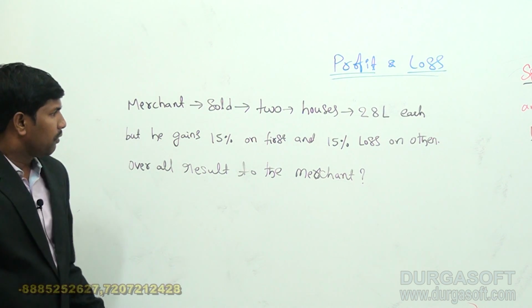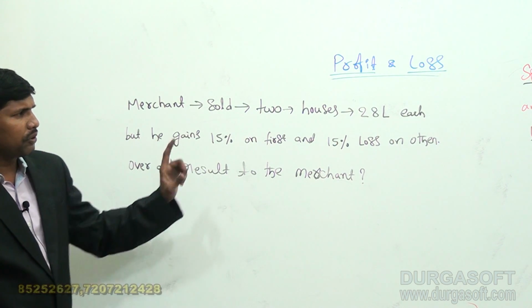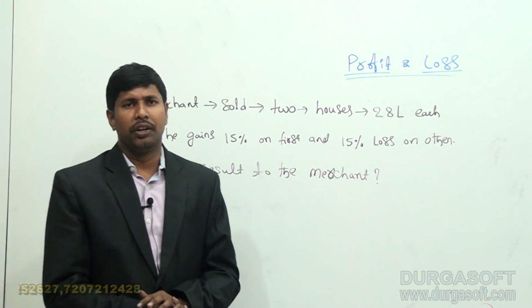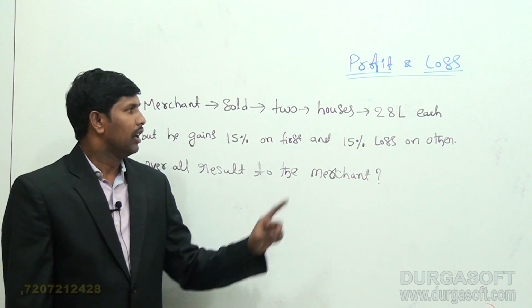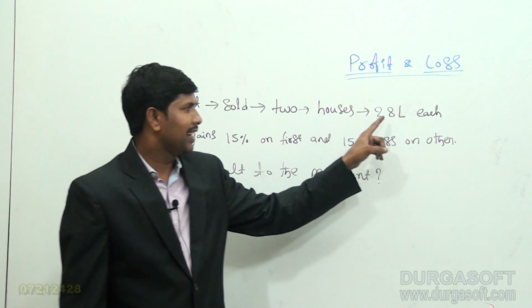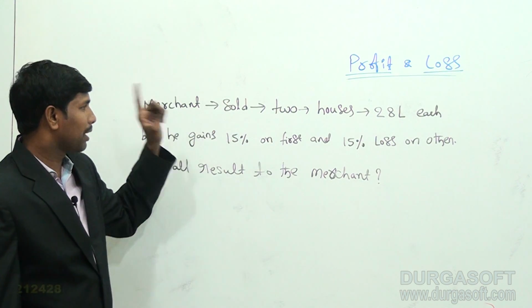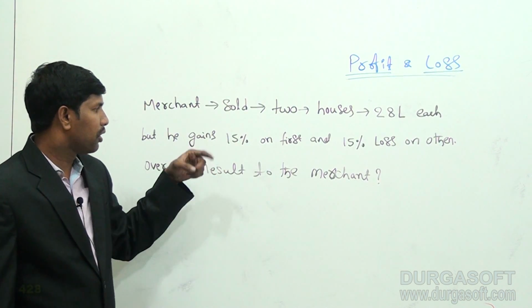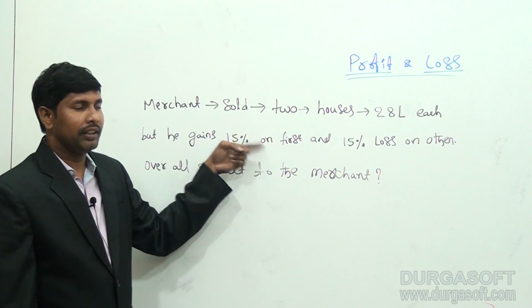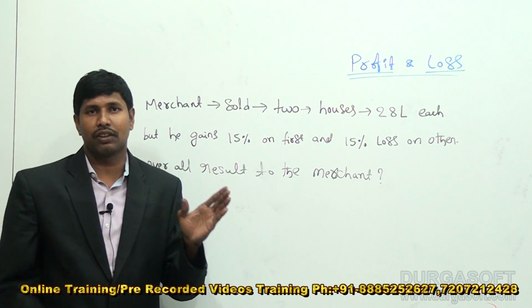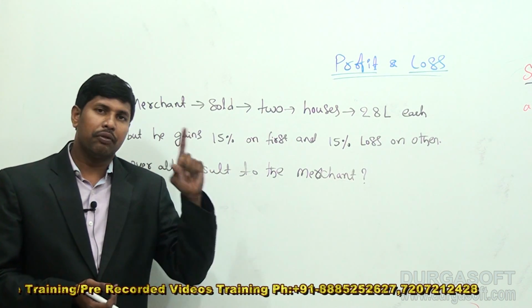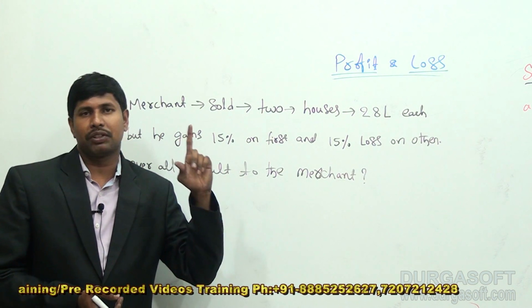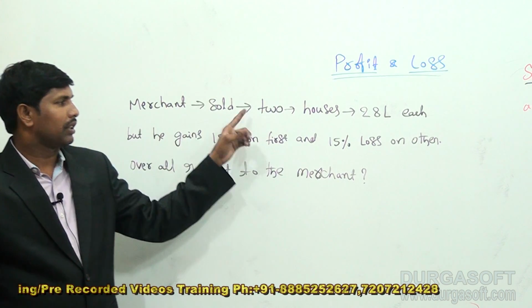Now if you look at this question, if you don't know the previous point, you need to calculate all the values. You should consider the first 28 lakhs as the selling price of one article on which you got 15% profit. That means 28 lakhs equals 115% for the first article, and you want the cost price, which equals 100%.